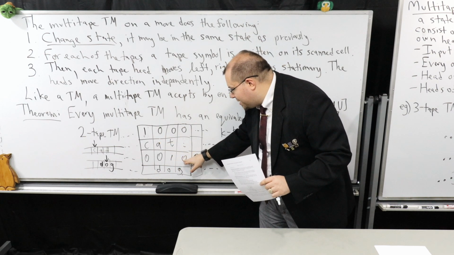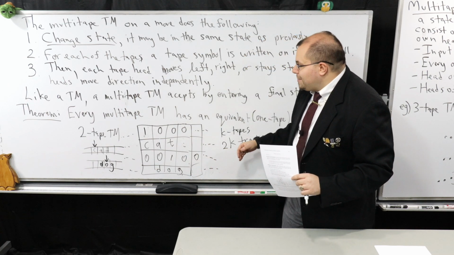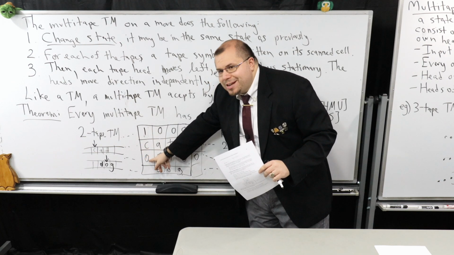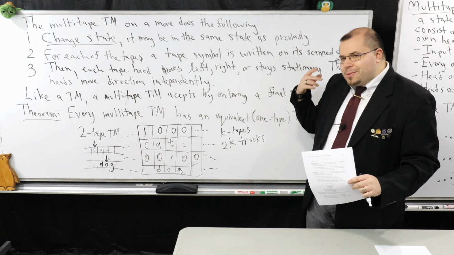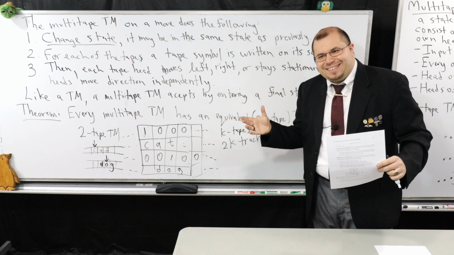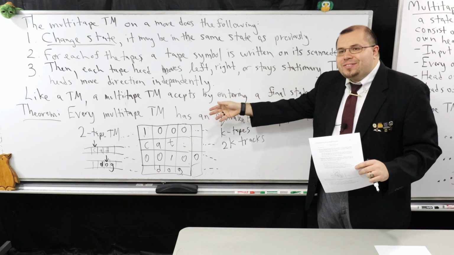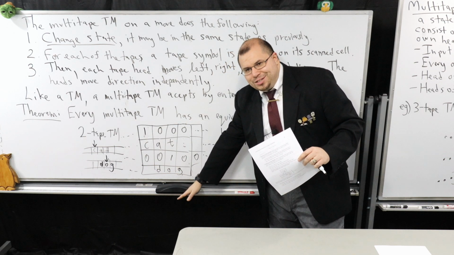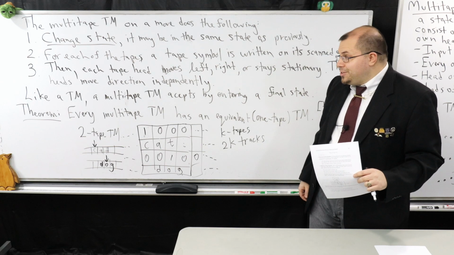I need to change this 1 to a 0 and then move that 1 over, right? Well, I would need some mechanism to go down here and update this particular symbol. If you were doing this in a programming language, you would imagine I have to scan down through each of the tracks, right? That's one way you might think of trying to do this.